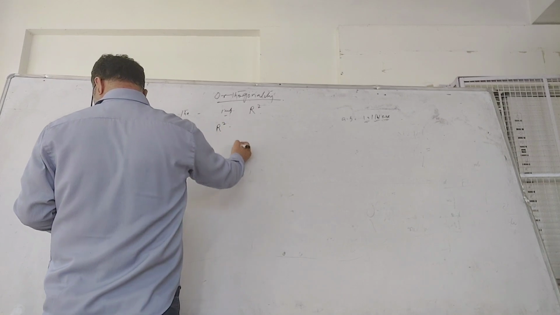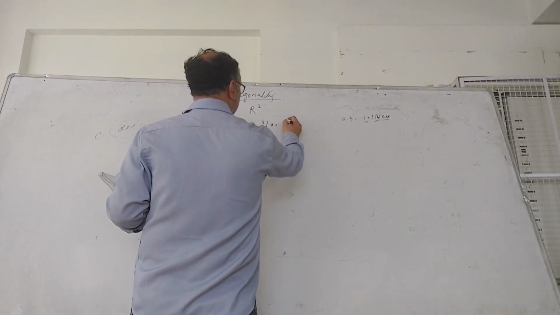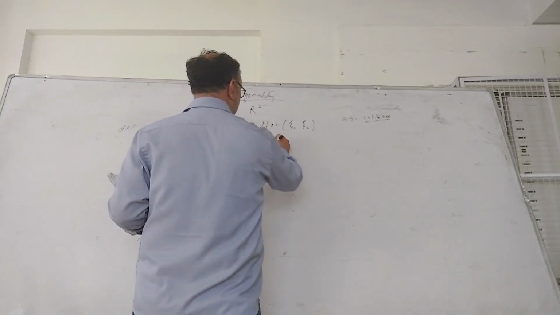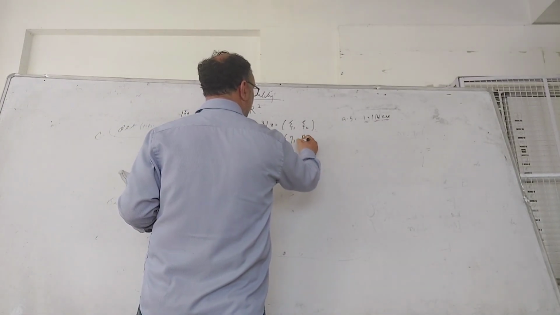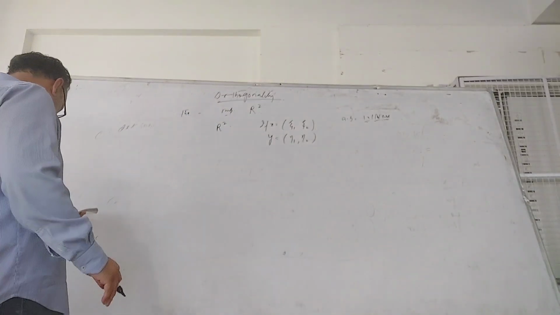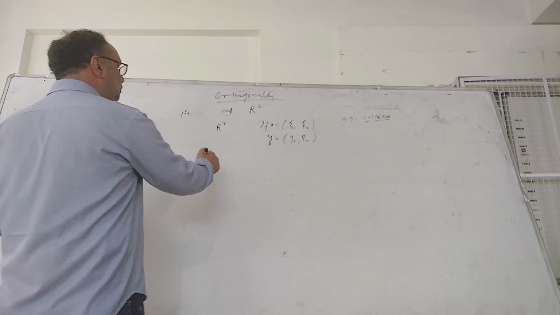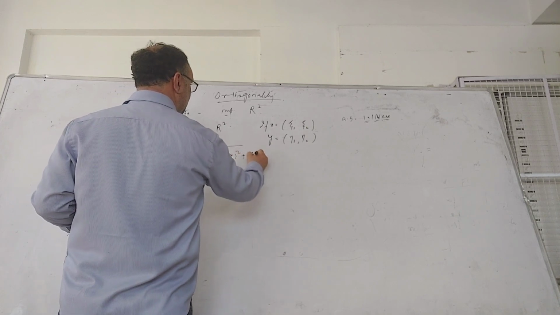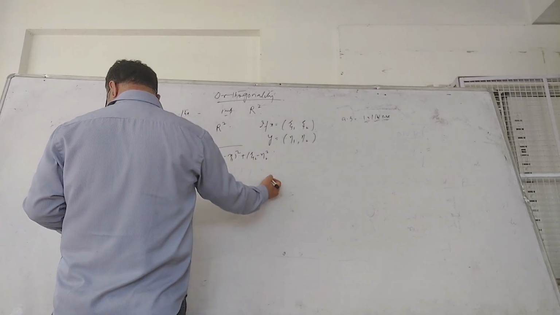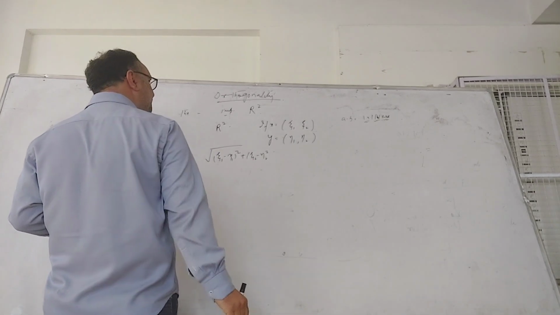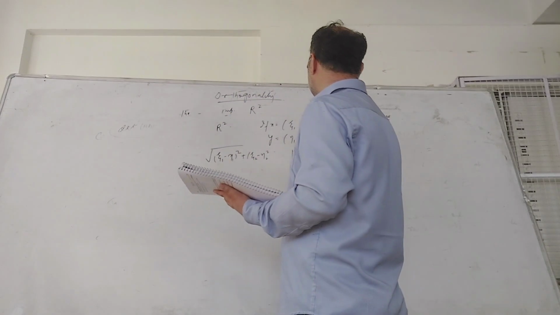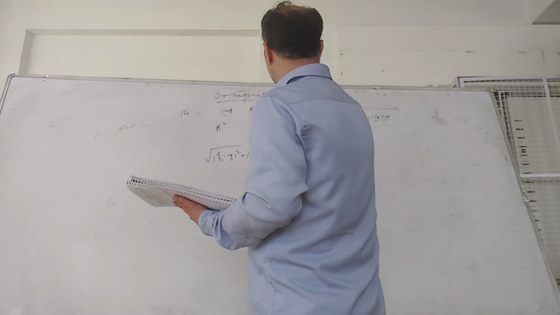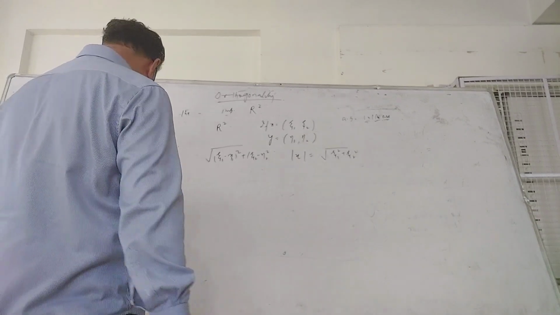If we start with R2, and X and Y are defined in terms of zetas and etas, the distance formula between the two would be the square root of zeta 1 minus eta 1 squared plus zeta 2 minus eta 2 squared. Conventionally, the mod of x is the root of zeta 1 square plus zeta 2 square, and similarly the mod of y is the root of eta 1 square plus eta 2 square.